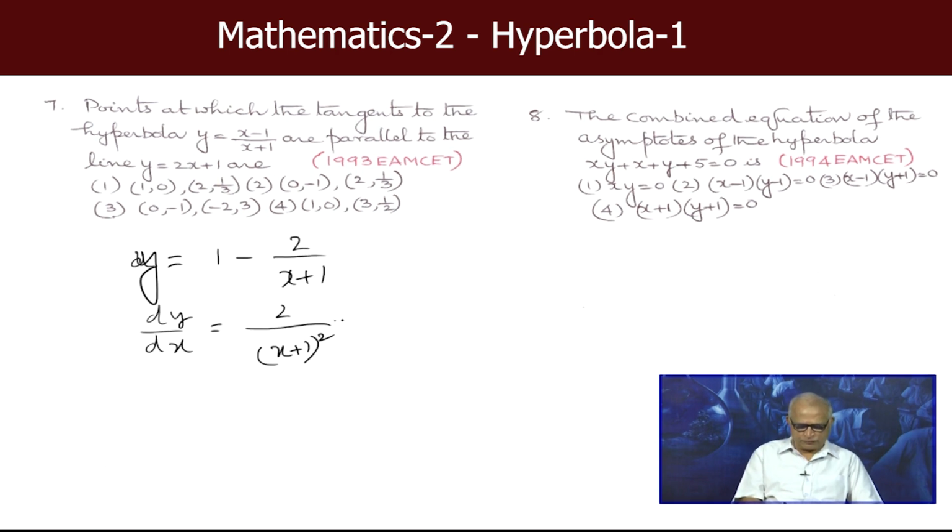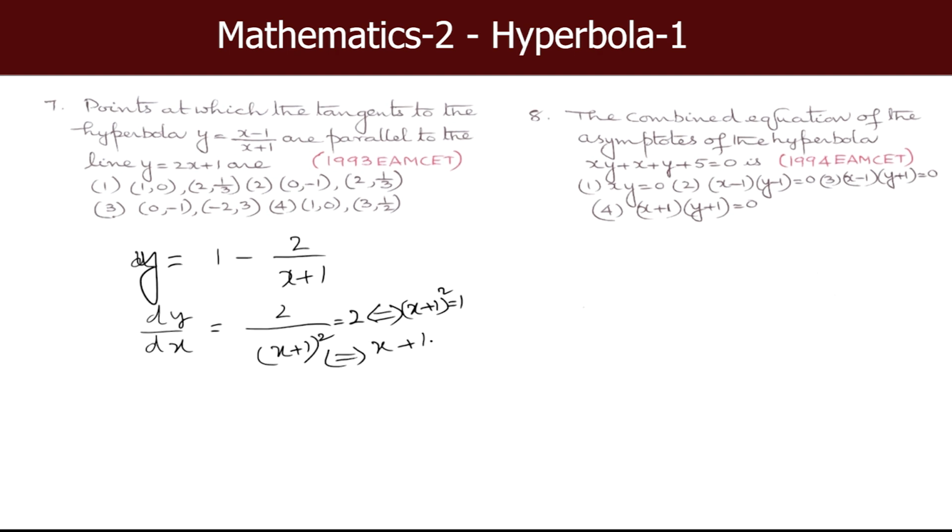This is equal to 1 if and only if (x plus 1) whole square equal to 2, or if and only if x equal to 0 or minus 2. When x equal to 0, the point is minus 1 on the hyperbola. When x equal to minus 2, minus 3 by minus 1, that is 3.